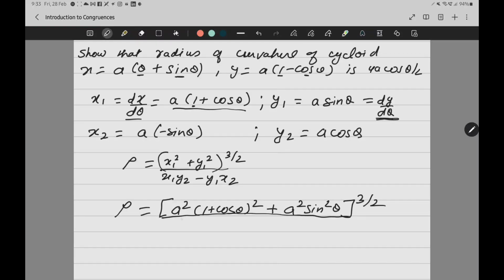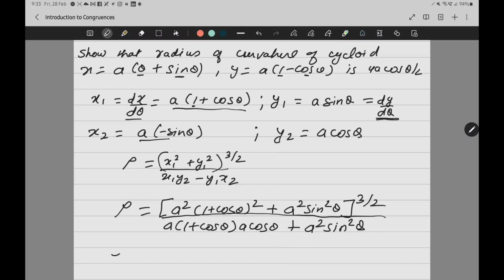Go to the denominator. Now x1 means a(1 plus cos theta) into y2. y2 is a cos theta. Okay. Minus, what is minus? y1 x2. So minus will become plus, a will become a square, and sin theta will become sin square theta.